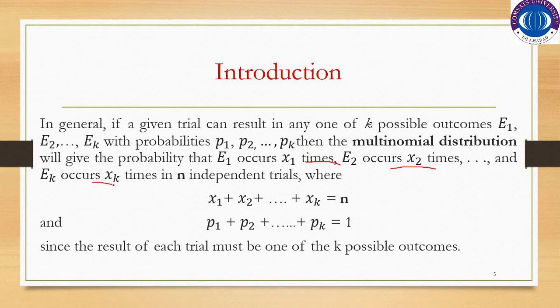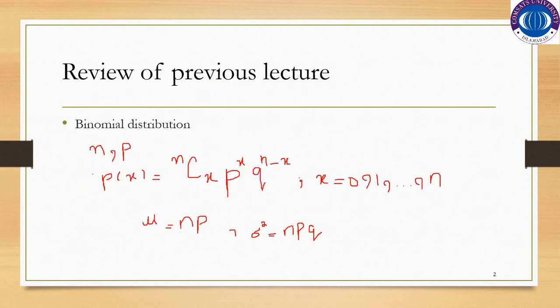As you remember from the binomial distribution, we have one random variable x which is associated with the probability of success. We have two possible outcomes here, success and failure, and we are associating our random variable with the probability of success.